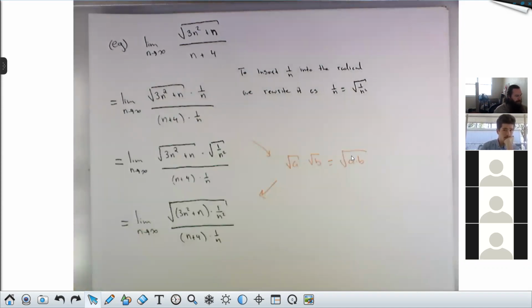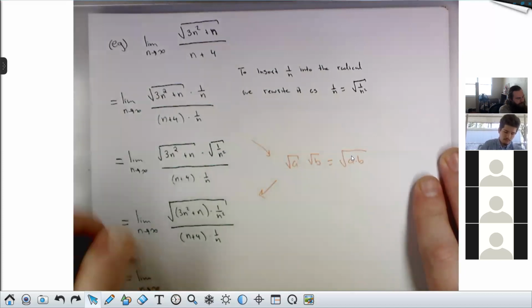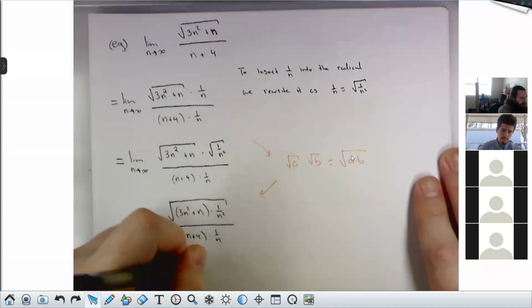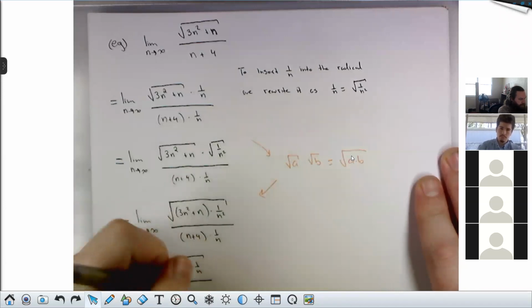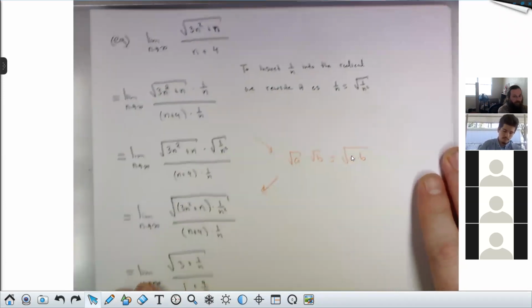Now I can distribute my 1 over n squared here, my 1 over n here. And I get the limit as n goes to infinity of the square root of (3 plus 1 over n) divided by (1 plus 4 over n).